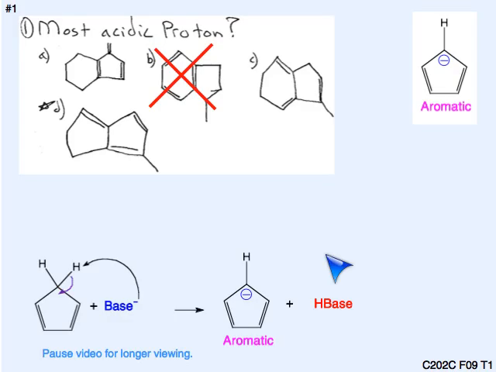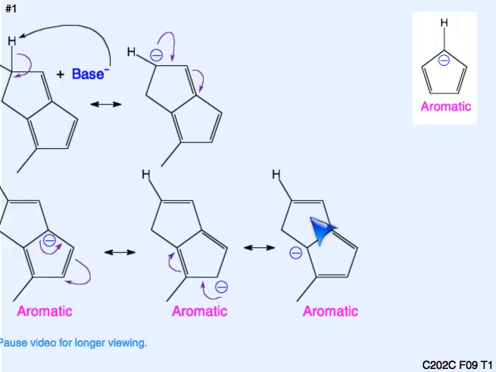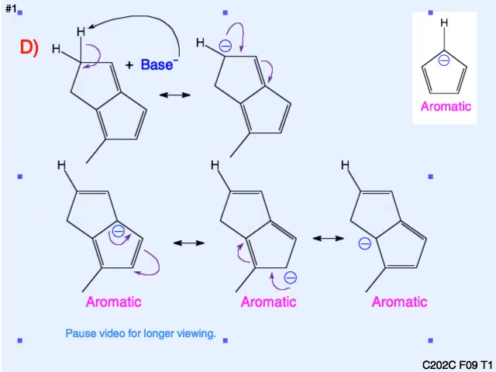Let's take a look at what would happen if we removed a hydrogen from right over here on compound D. We'll leave this up right over here and make some room right here to take a look at what we're going to get. And there it is. If we remove this hydrogen here from compound D, you'll see that we get 4 resonance contributors.